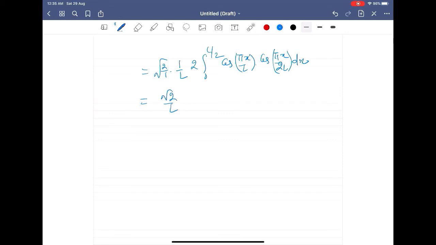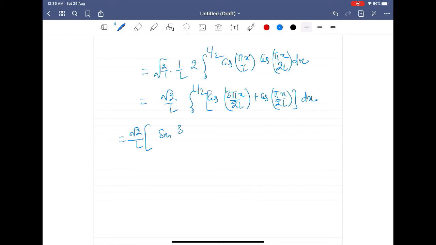If I take these two inside, I can use the trigonometric formula: cosine a plus b, that is 3 pi x by 2L, plus cosine a minus b, which is pi x by 2L, and the dx. So I take root 2 by L outside and I integrate. The first term gives me sine 3 pi x by 2L into 2L by 3 pi with the limit 0 to L by 2.